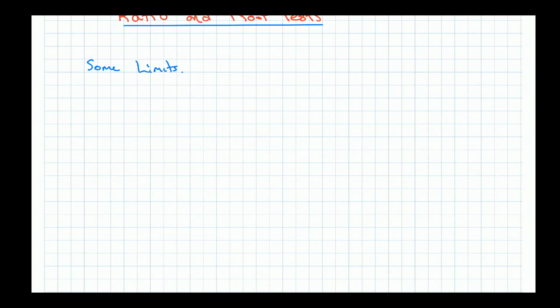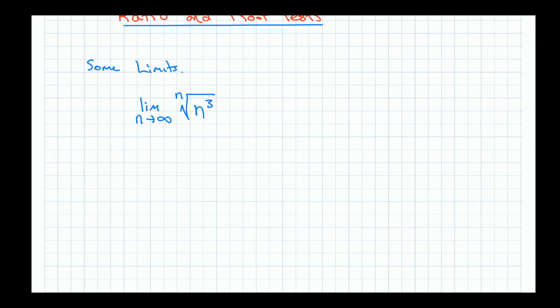So I guess the first thing is, let's look at this. Let's say I have a limit as n goes to infinity of the nth root of, let's just say, n cubed.